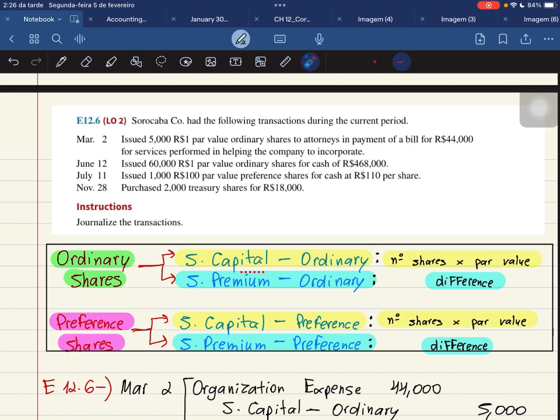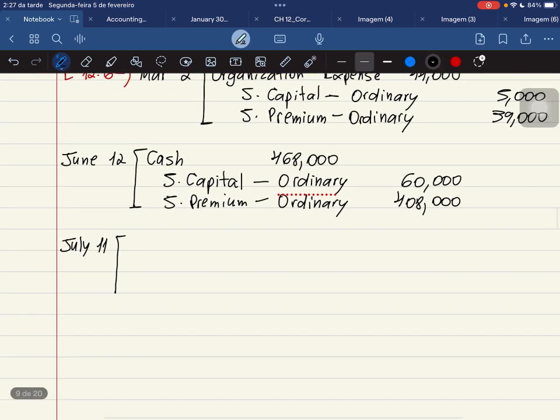But we know that they were issued at 110 per share, and we had 1,000, so we can actually calculate, right? Our total issuance price is going to be that 1,000 times the number that we actually issued for. In this case, we issued for 110. So they were also issued for cash, and we're gonna have 1,000 times that 110. That gives us 110,000.